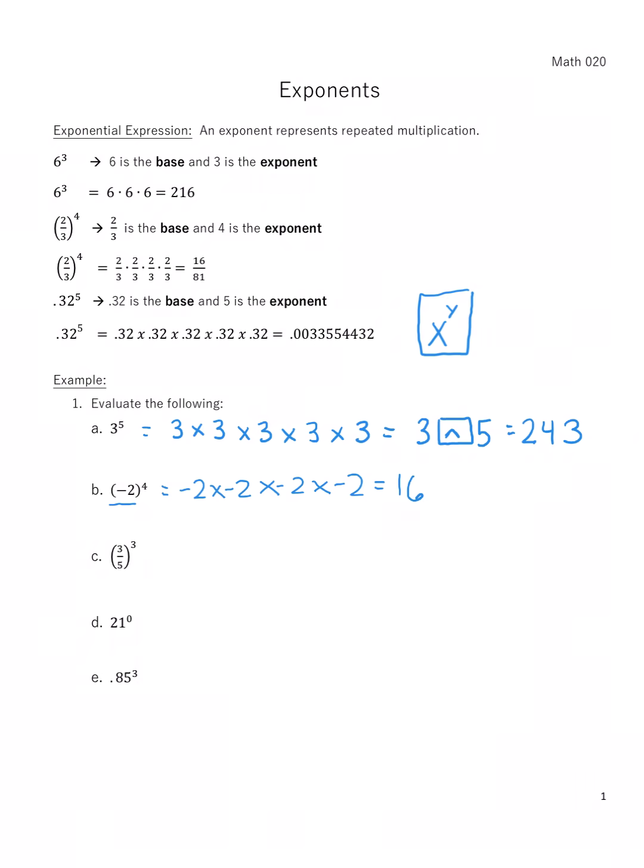Or you could have decided to use your calculator. Please make sure you use parentheses here. And you will see that you get the same answer. If you don't use the parentheses, however, in most cases, you will not get the same answer. You will get -16. So make sure you include those parentheses in your calculator.